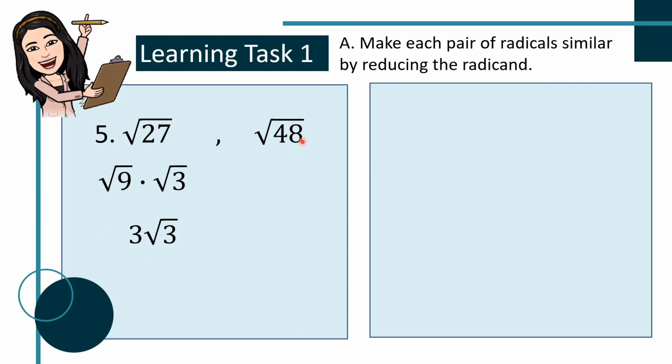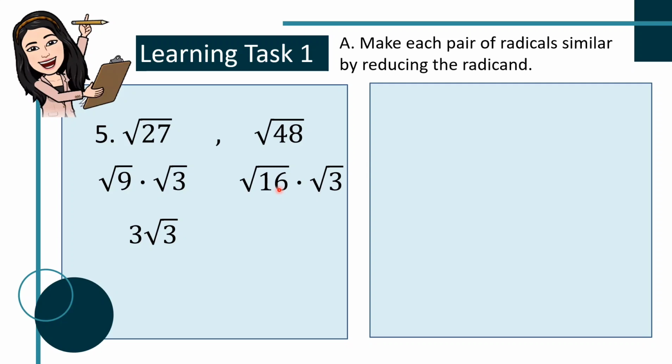How about the square root of 48? Okay, so square root of 48 natin, ang factors niya na perfect square, ano-ano nga yun? We have 1, we have 4, we have 9, 16, okay, 25. Alin doon sa mga sumusunod ang factors ng 48 ng isa ay perfect square? Okay, so, yun po ay 16 times 3.